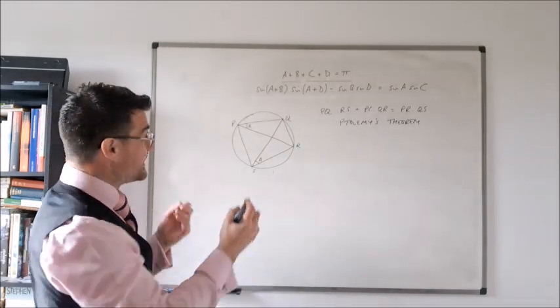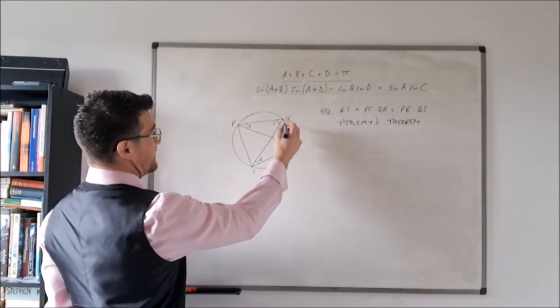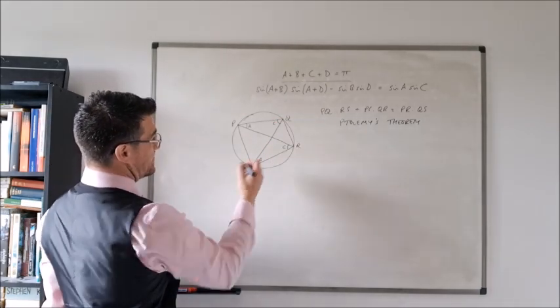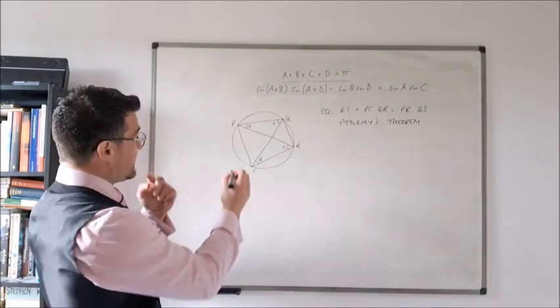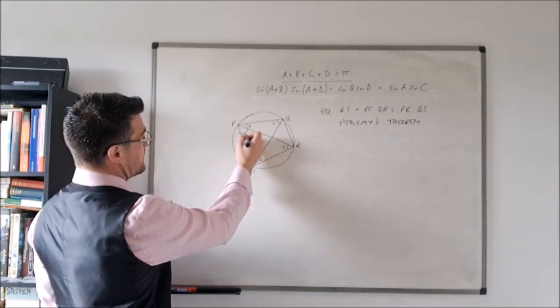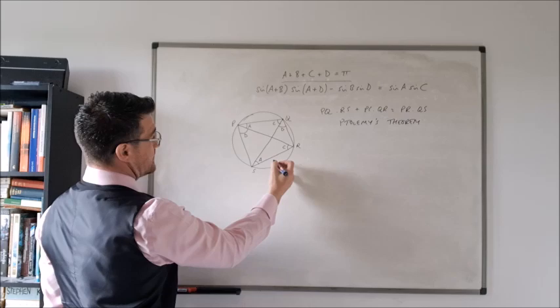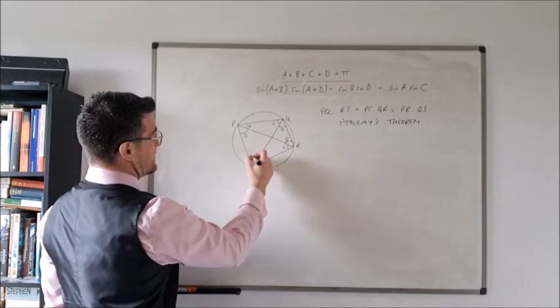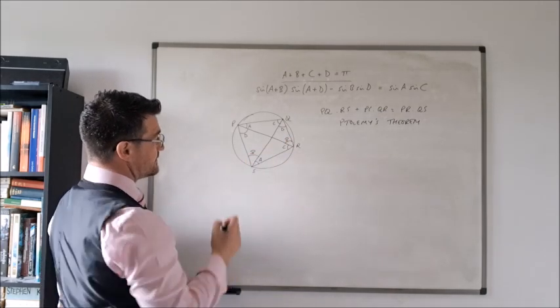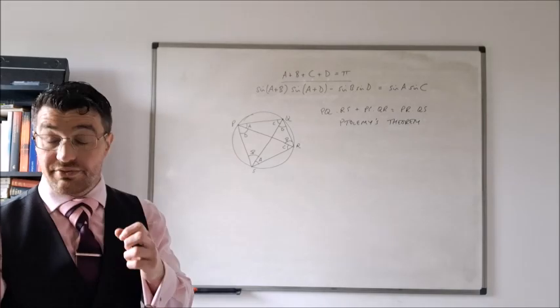Ha! Right, this was the light bulb moment for me. So if that's angle C, that's angle C. If that's angle D, that's angle D. If that's angle B, that's angle B. Now this works.